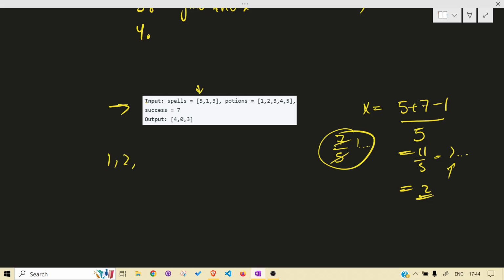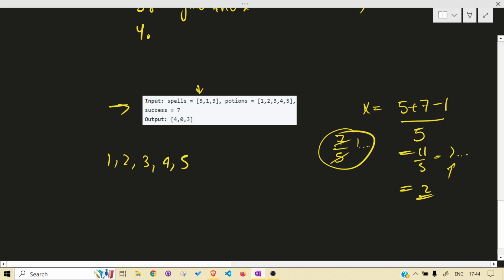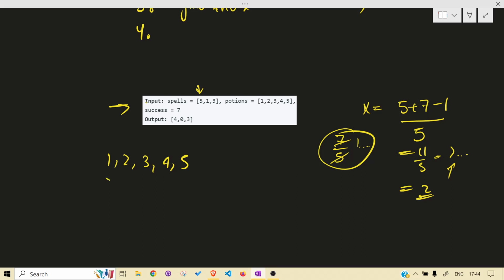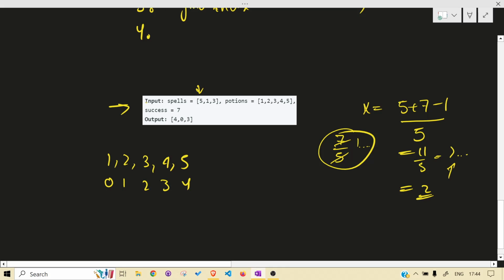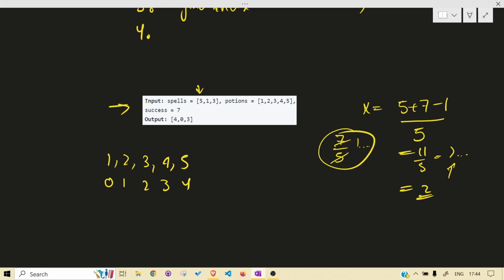Portion is sorted over here. So what we did over here is lower bound. So what we will get? Value greater than or equal to 2. So we have a value that is equal to 2. We will get this index 1.